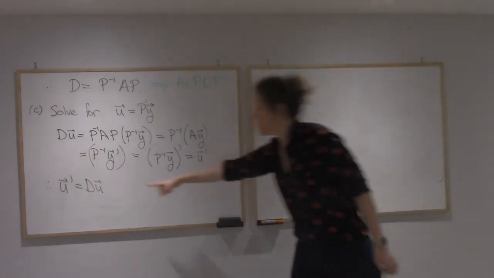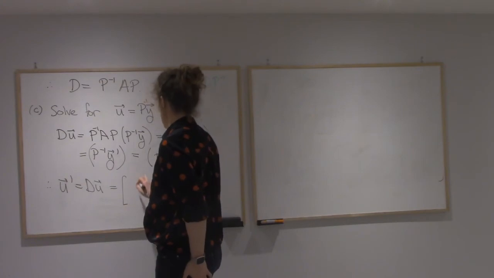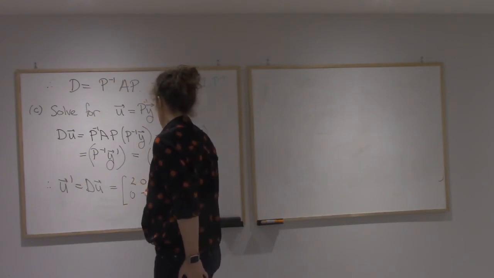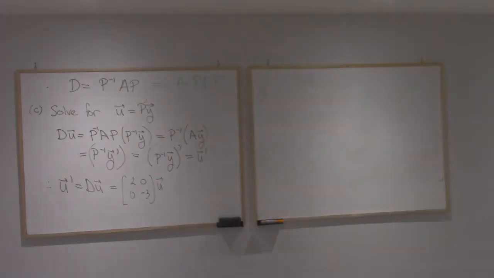So now I can solve this system because it's nice and diagonal. D was 2, 0, 0, minus 3. Let me double check. D is, yeah.